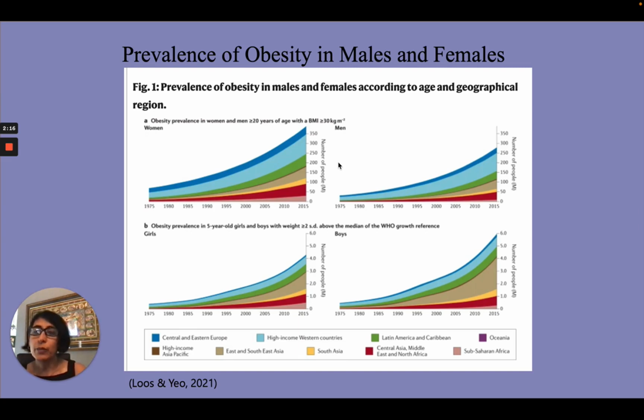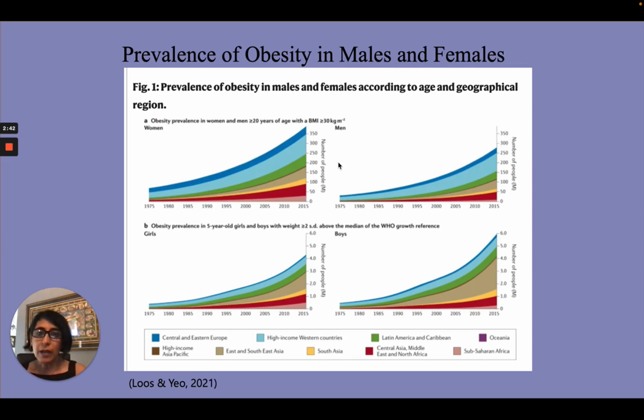So for men and women, this is showing us data with BMI greater than 30, so again, obesity. So the population has experienced a steady increase in weight over the last 4 decades, and it has affected adults, children, adolescents. No one has been spared.